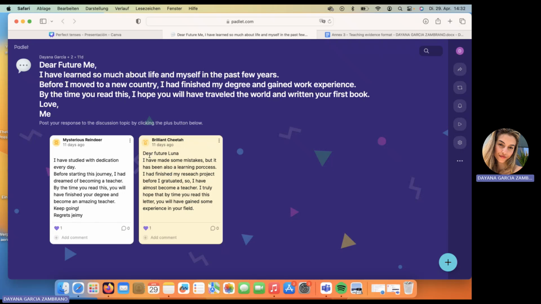She wrote, Dear future Luna, I have made some mistakes, but it has been also a learning process. I had finished my research project before I graduated, so I have almost become a teacher. I truly hope that by the time you read this letter, you will have gained some experience in your field. It misses some words, but it's really good.